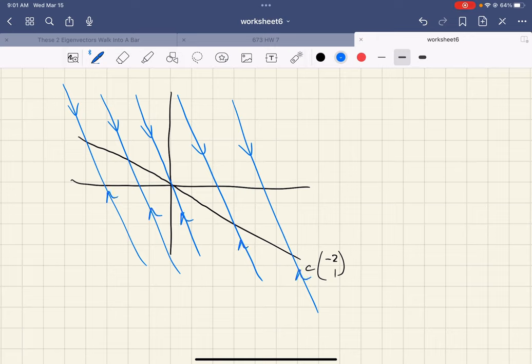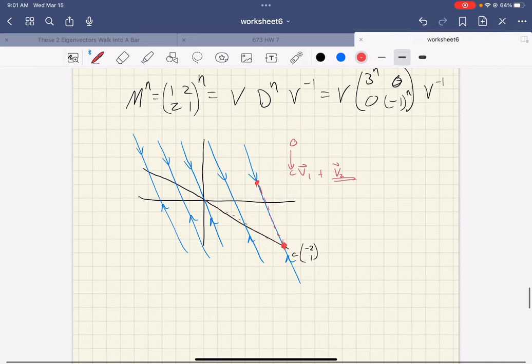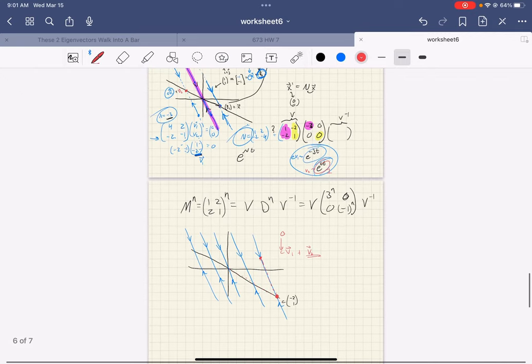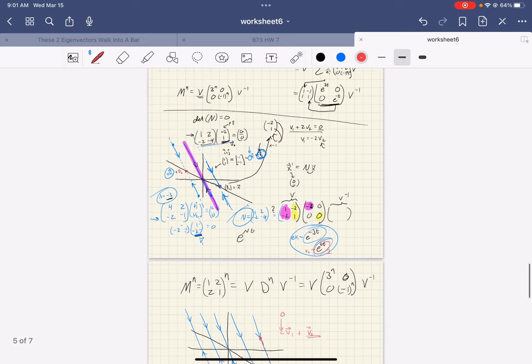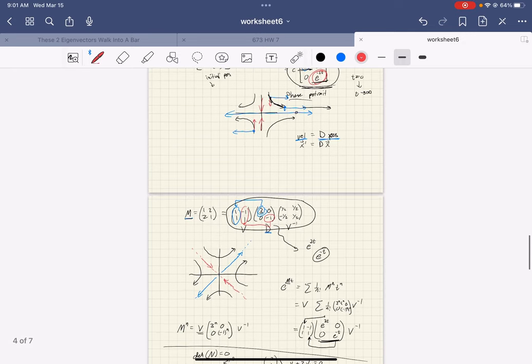And that's because things over here have some copy of v2, which doesn't change, and then some copy of v1, and that number there is going to get pulled down to 0. So it gets pulled down to where it's just a pure copy of v2. Okay, so those are the different phase portraits we're going to see. The null space one, you get drawn toward the null space, and otherwise you'll look at rotations of a diagonal matrix.